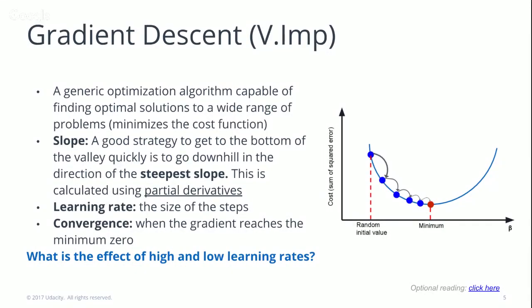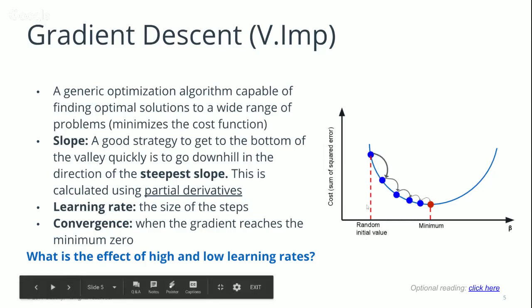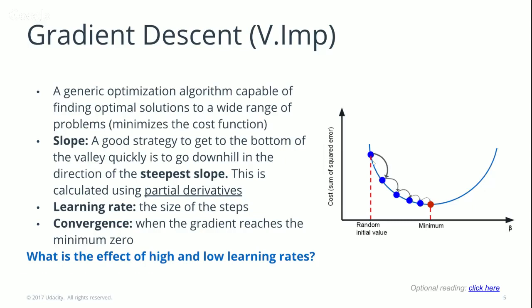If you were to actually graph out these changes, the change in error, you would find that it would generate a sort of parabolic shape like this. In order to get to a minimum, let's say you start off on the far left of this graph with a random initial value for beta 0 and beta 1. As you adjust beta 0 and beta 1, the error is going to change very rapidly at first.